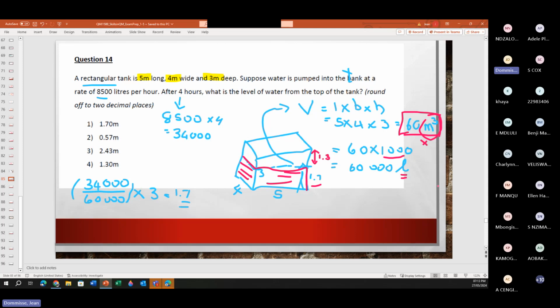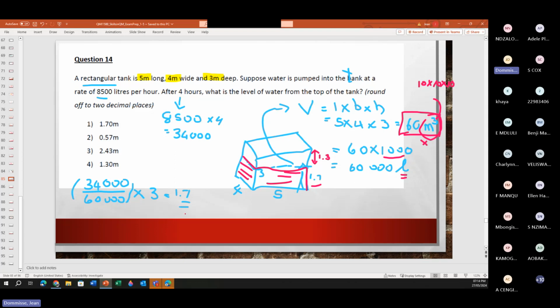How you can look at it is, each meter, there's 3 of them, but it's actually 10 times 10 times 10. That is because it's to the power of 3. It's 60 times 1,000. So that is from converting from cubic meters to liters.